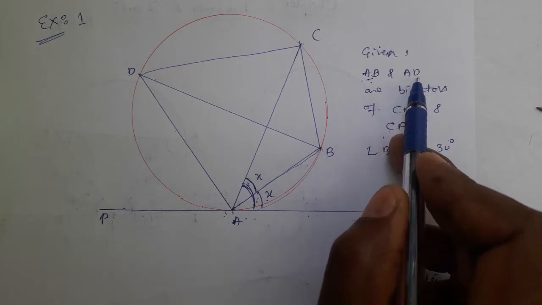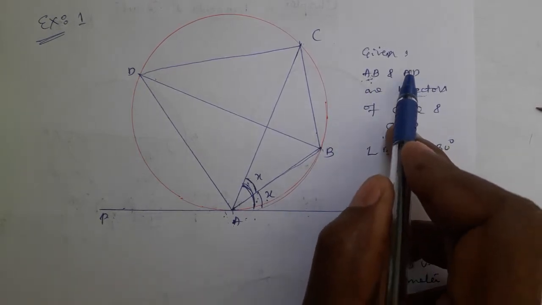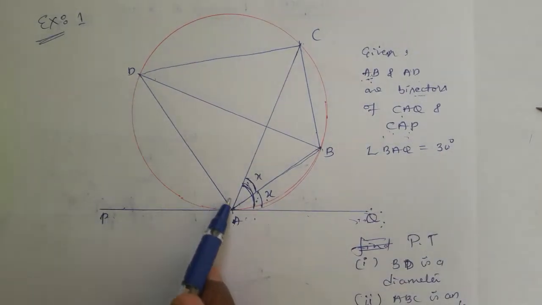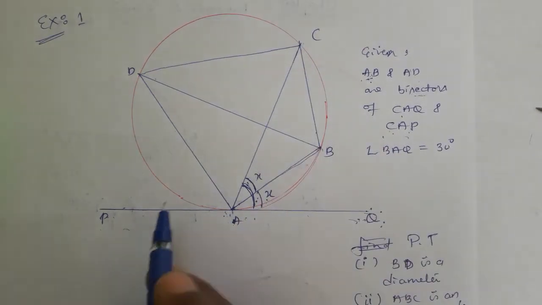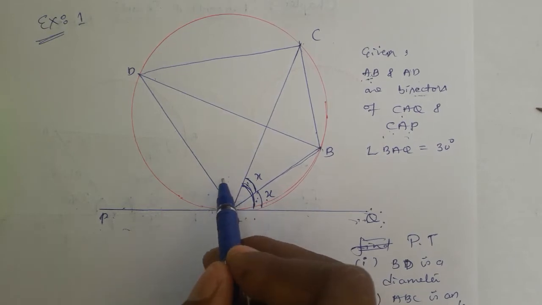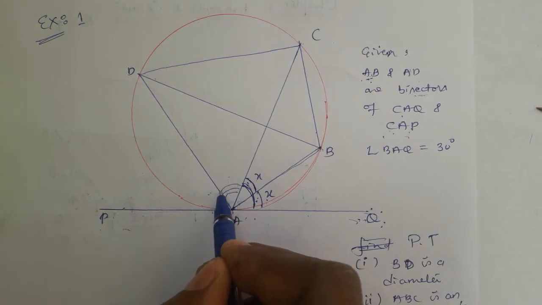Similarly the AD line divides CAP. The full angle CAP is divided into two equal angles by the AD line. I mark these two with triple arcs because these two are separately equal.